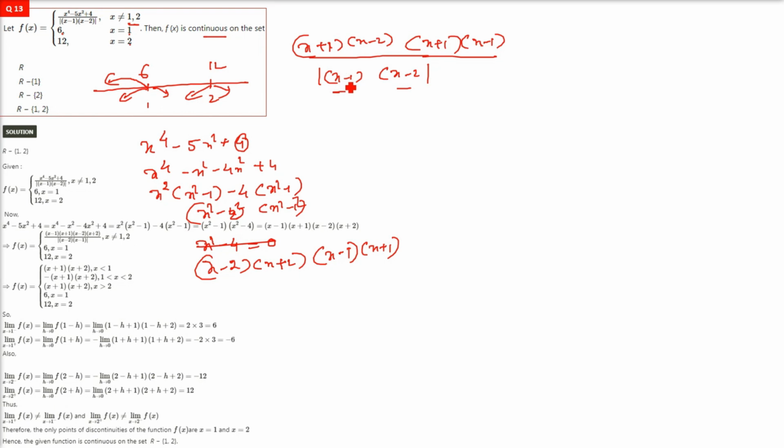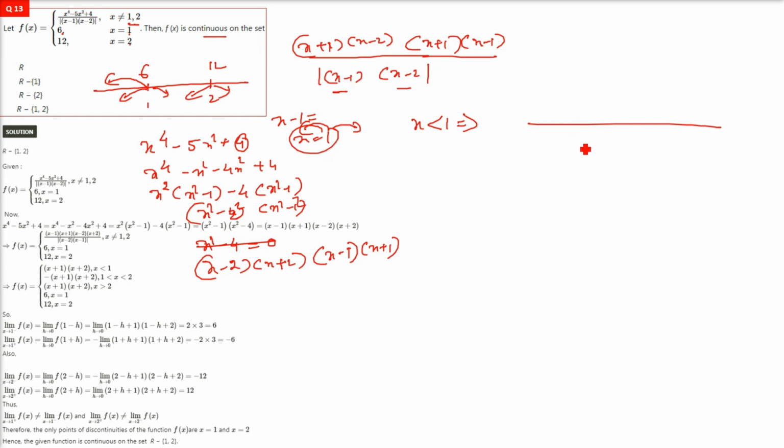See, 1 is the deciding point for x minus 1. Above 1, x minus 1 will be positive. Below 1, x minus 1 will be negative. Similarly for x minus 2, x equals 2 is the deciding point. x greater than 2 is going to be positive. x less than 2, it is going to be negative. So we are talking about x less than 1 now.